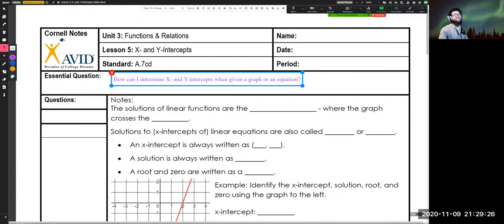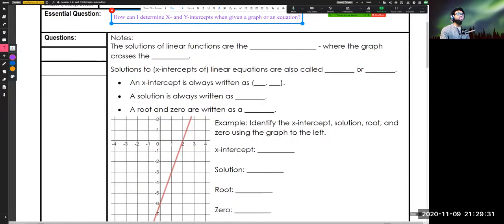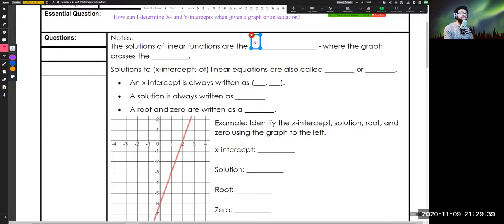So let's actually get started on what these things are saying and get some stuff on the page. The solutions of linear functions are the x-intercepts. If you don't know what that is, that's okay, I'm going to explain that to you. X-intercepts happen where the graph crosses the x-axis.